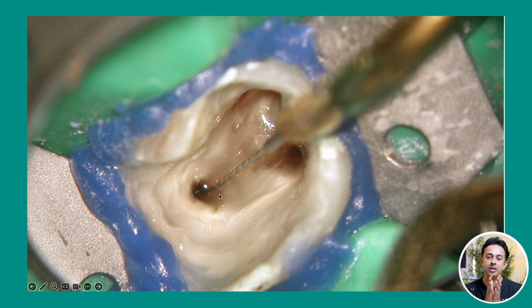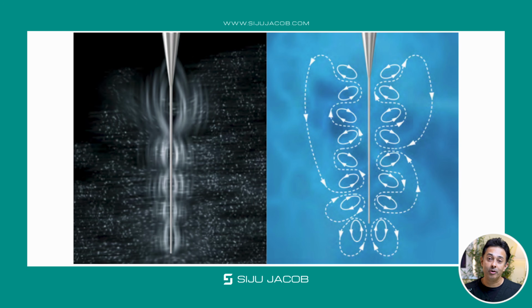And both of these will transfer heat into the sodium hypochlorite, thereby enhancing its efficacy. Another advantage of using sonics and ultrasonics is something called acoustic streaming, which is these sort of patterns which develop, which enhances irrigation. So that's the other advantage of using ultrasonics, not just heat, but also acoustic streaming.